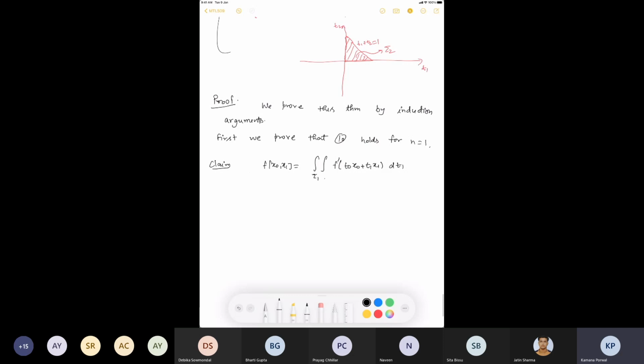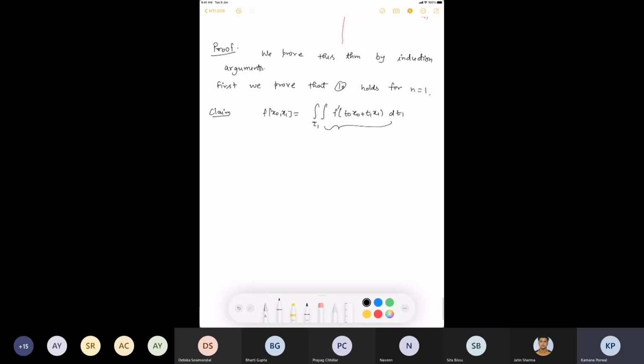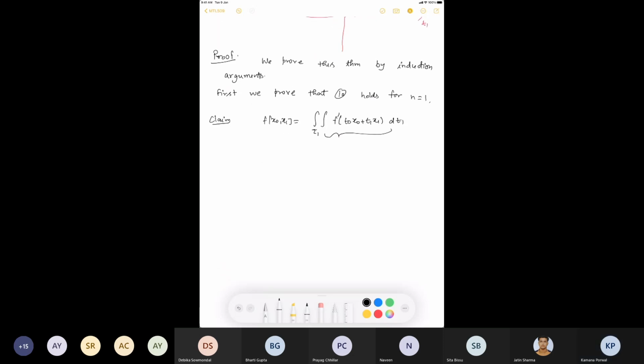I'm just going to consider the right hand side. We just have one integral here because we are in the case n equal to 1.